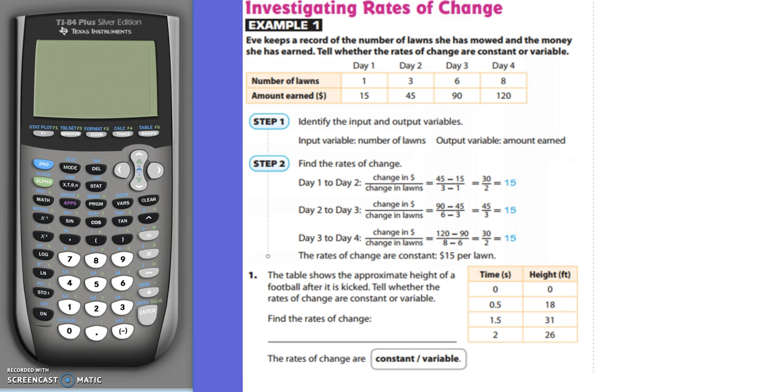So if we do M, slope, y2 minus y1 over x2 minus x1.